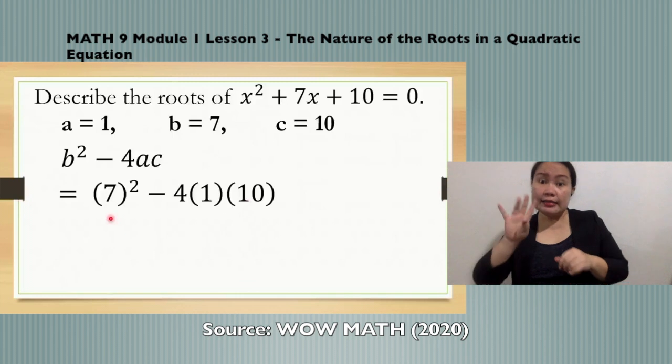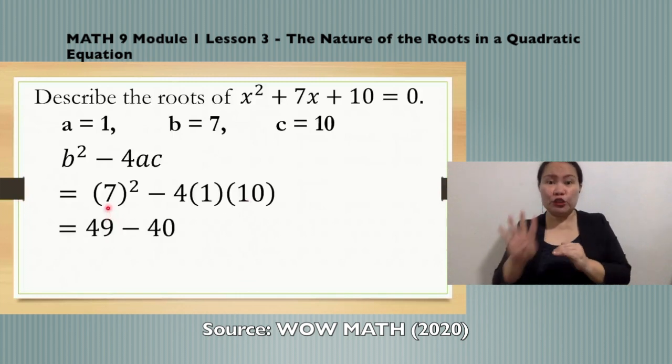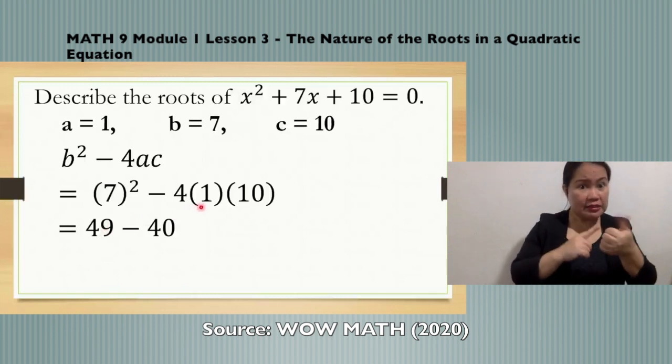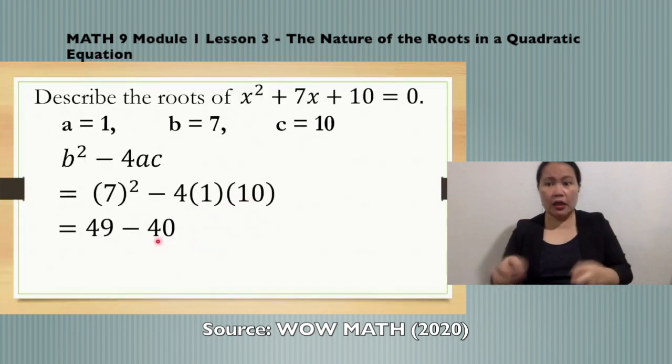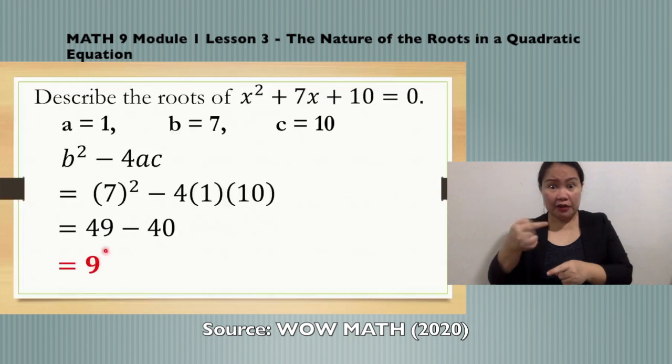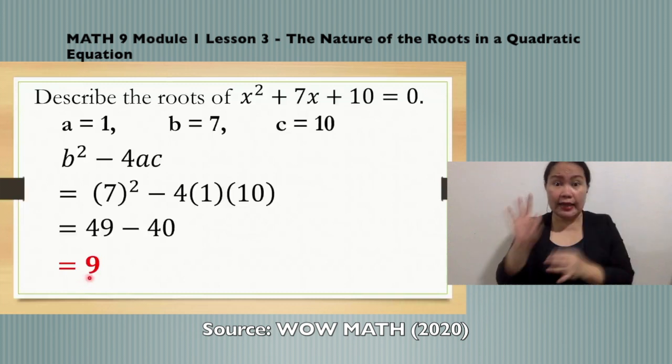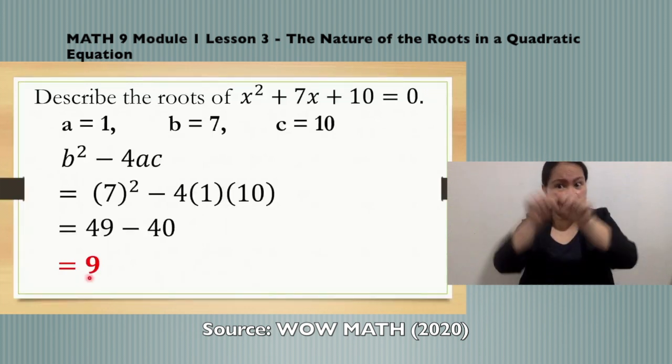So, let us simplify. So, 7 times 7, yan ay 49. And then 4 times 1, that is 4, times 10, that is 40. Let us simplify. So we have 49 minus 40, that is 9. So ang nakuha natin ay 9. And we all know that 9 is a perfect square.